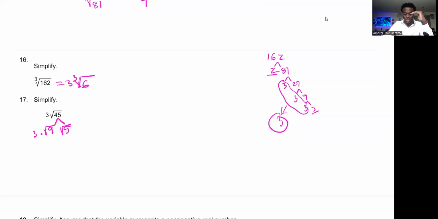So we want to keep the same thing. That's 3 times the square root of 9, which is also 3. And 5 is not a perfect square, so I just copy down the square root of 5. So 9 square root of 5 is the answer for my radical. Okay? 9 square root of 5.